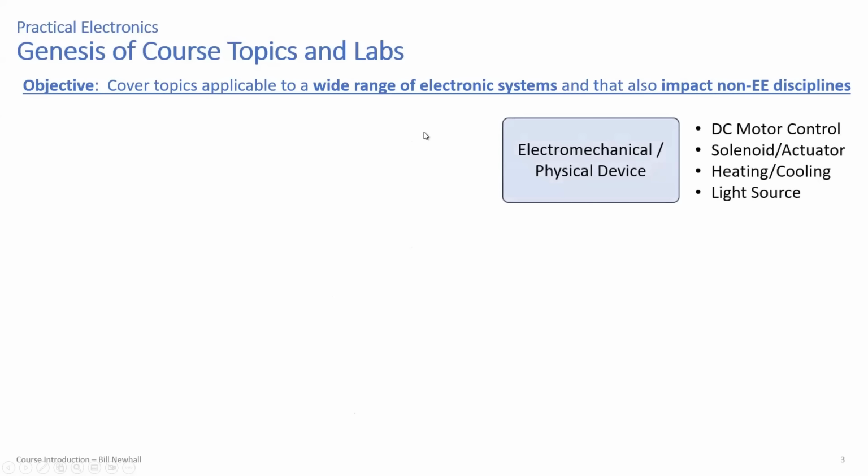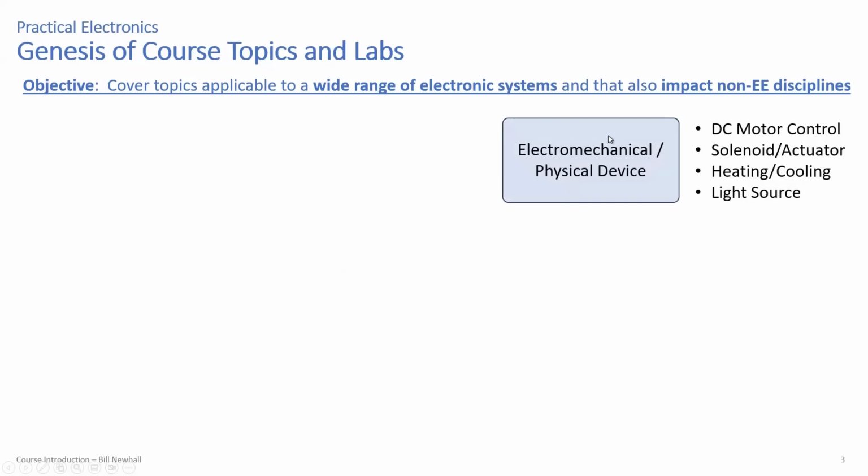So this course, the objective is to cover many topics applicable to a wide range of electronic systems that impact non-electrical engineers. I'm going to build up a slide here that shows these different topics that we will cover in this class, and that I think are important for really all engineers to have some exposure to.